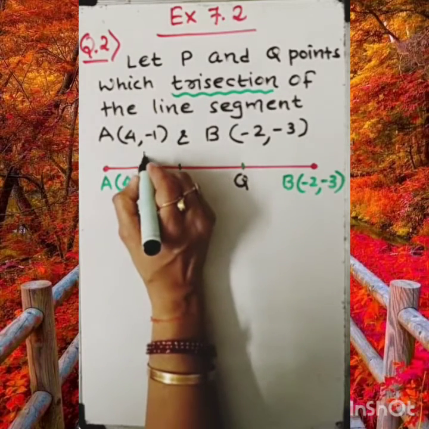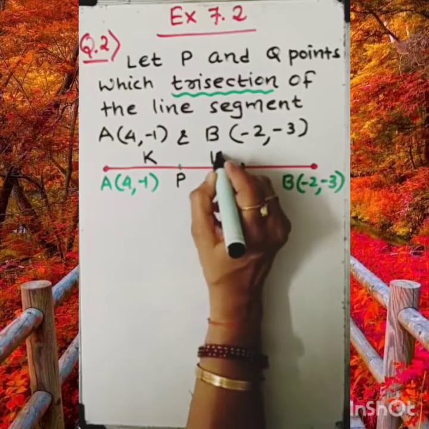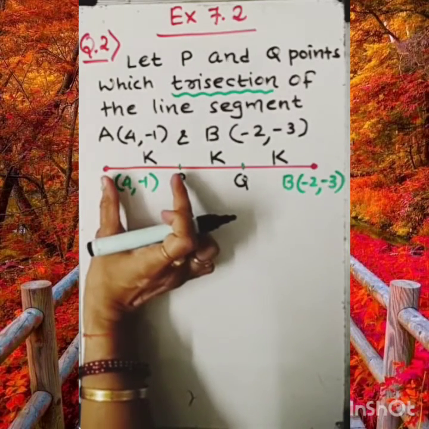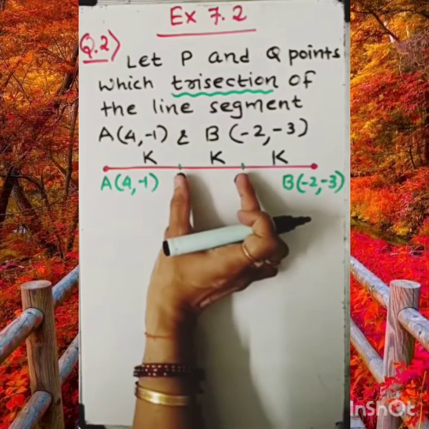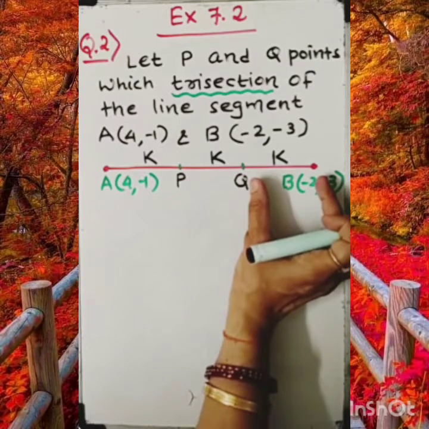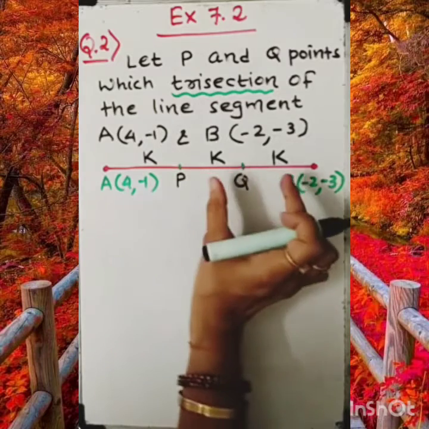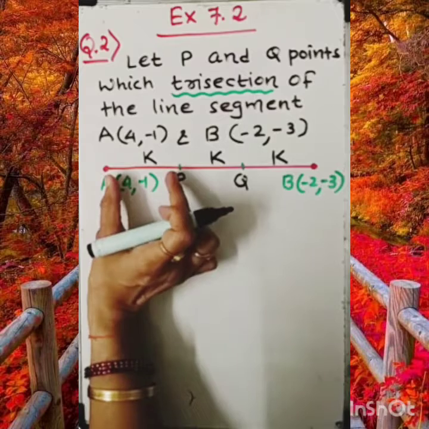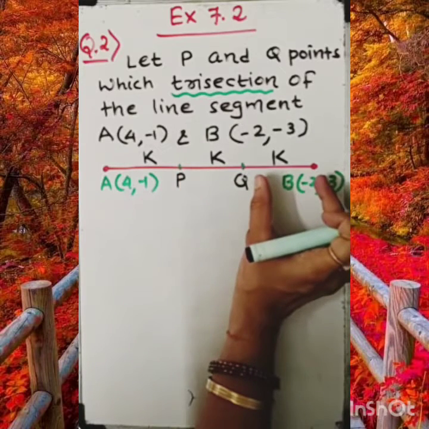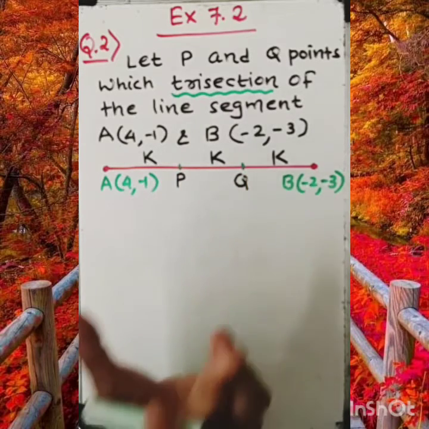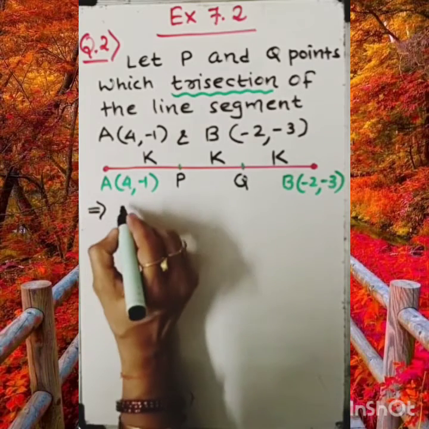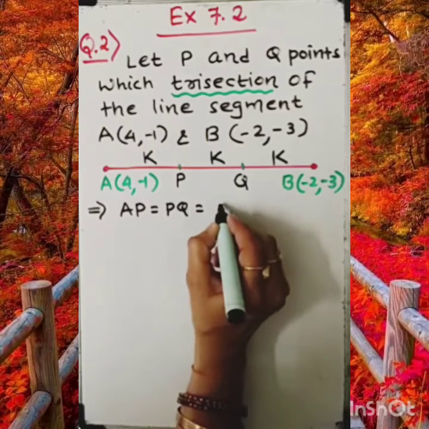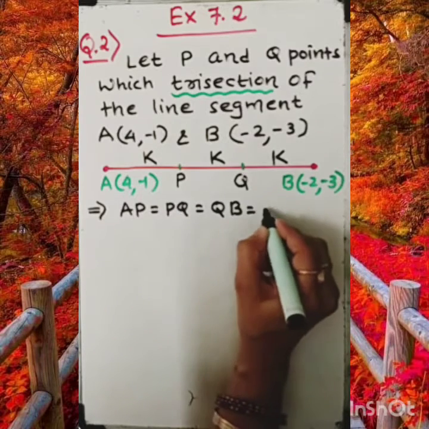The whole line segment is divided into 3 equal parts, so the ratio should be K is to K is to K. So I am considering one unknown constant K, and AP equals PQ equals QB, that is equal to K.